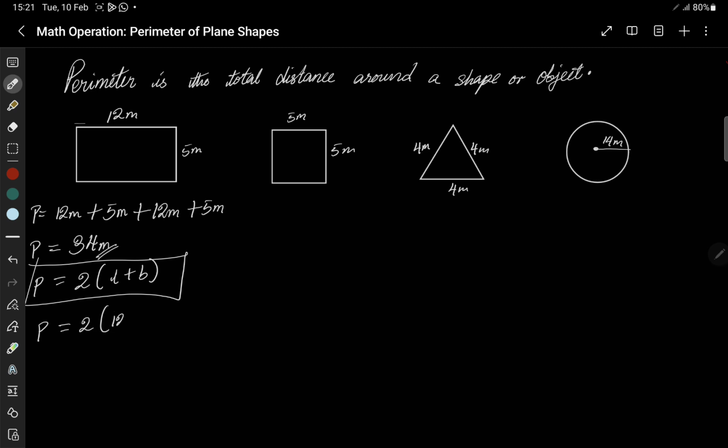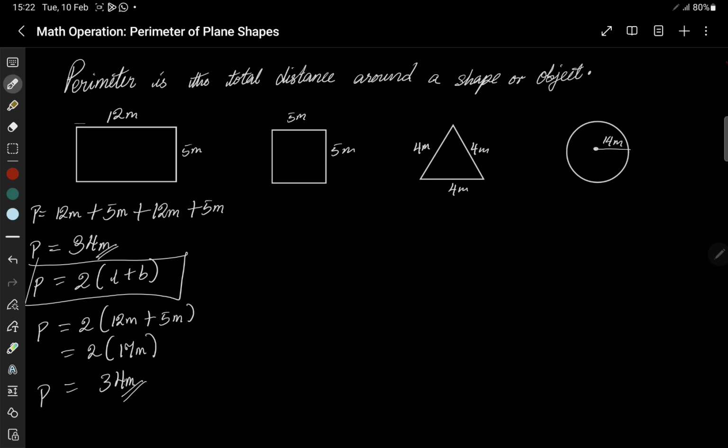Our length is 12 meters, which happens to be the longer part, plus our breadth, which is the shorter part, which is 5 meters. So this is equal to 2 open bracket 5 plus 12 will give us 17 meters. Now 2 times 17 meters will give us 34 meters. That's our perimeter, quite easily done.